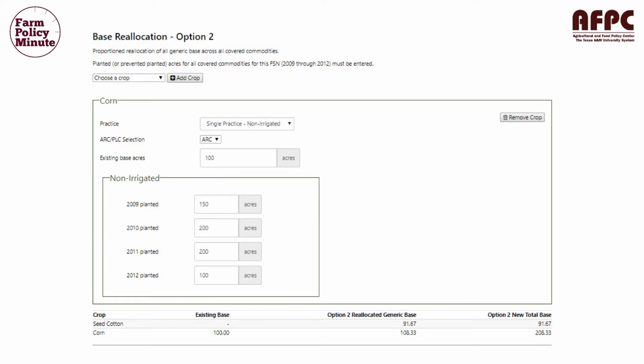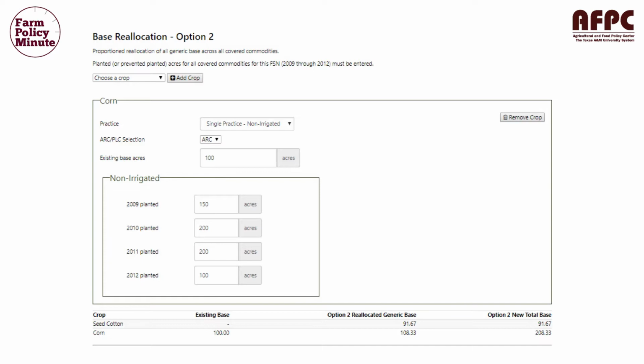So it's weighted a little bit towards corn if you wanted to pick option 2. And so your 200 base acres would be allocated out. You'd now have 91.67 of seed cotton, and the 100 plus 108 gives you 208.33 of corn.